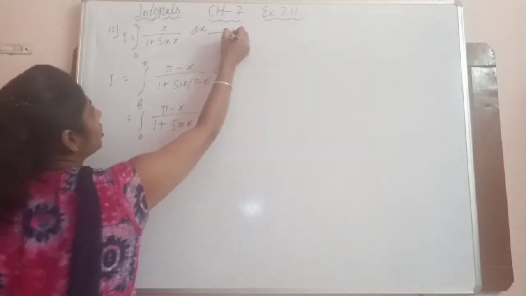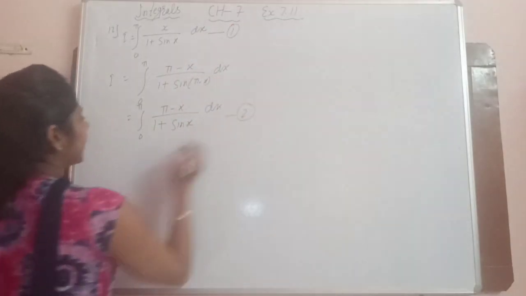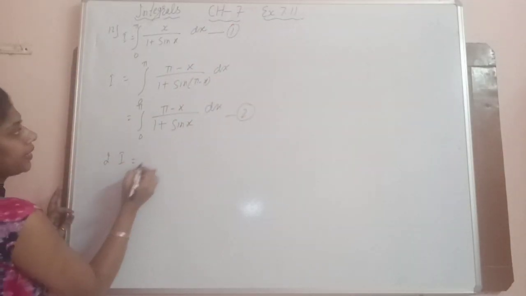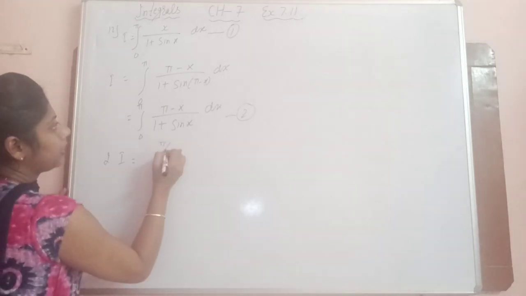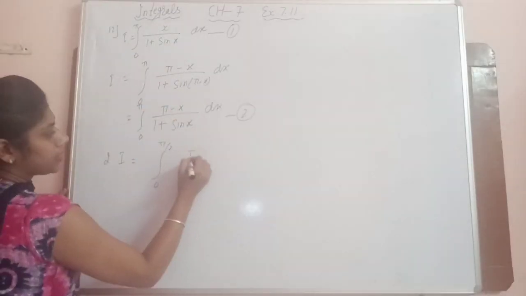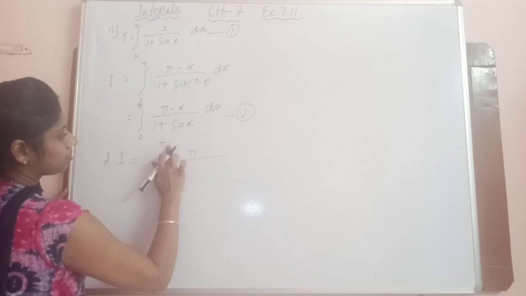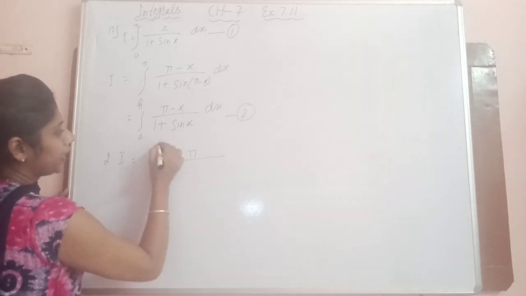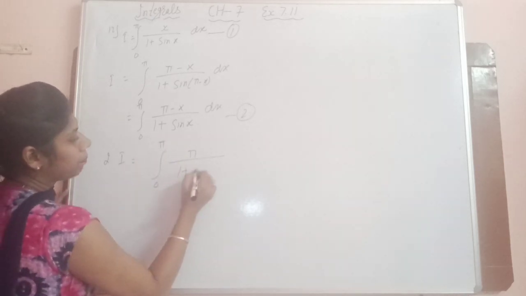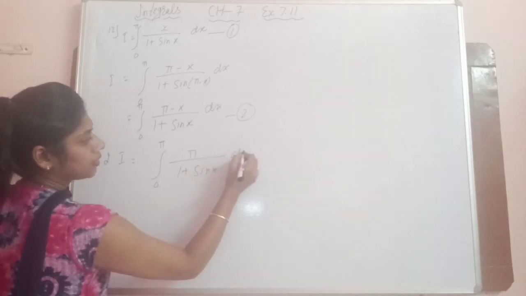Now add both, first and second: left hand side 2I, right hand side 0 to pi, x plus pi minus x, only pi, pi upon 1 plus sin x.